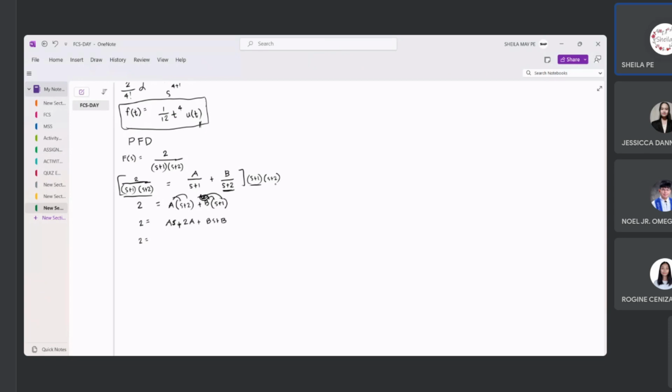So for S, we have A and positive B. Do we have another term with S? None. And the remaining is our constant, 2A plus B.